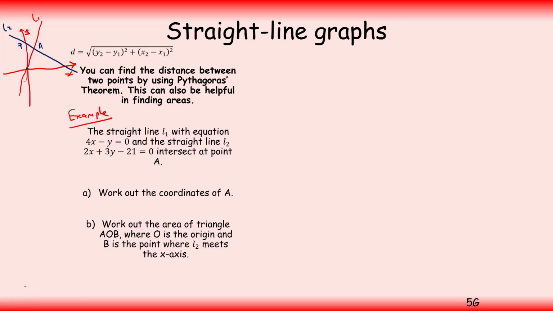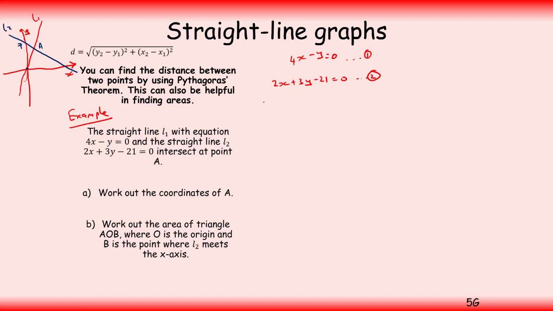Right. So I've got to find A in the first part of the question. In order to find A where they intersect, I've got the first equation 4x minus y equals 0, equation 1, and then I've got 2x plus 3y minus 21 equals 0, equation 2. Now I could equate them. I could make y the subject and then equate them, but I think easier than elimination is substitution.